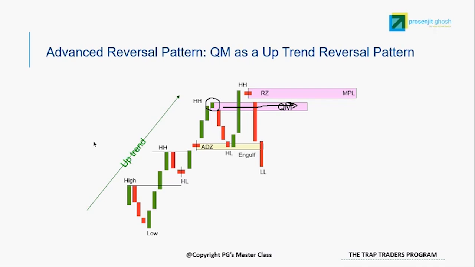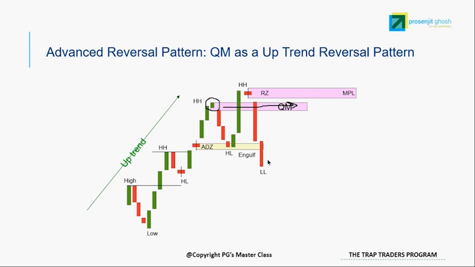Anyway, this high, if we mark and extend it, this is our QM level, followed by the MPL. Why is this known as MPL, maximum pain level? Because at this point, both the seller and the buyer got the maximum pain. Their stop losses were hit, first the seller stop loss and then the buyer stop loss.